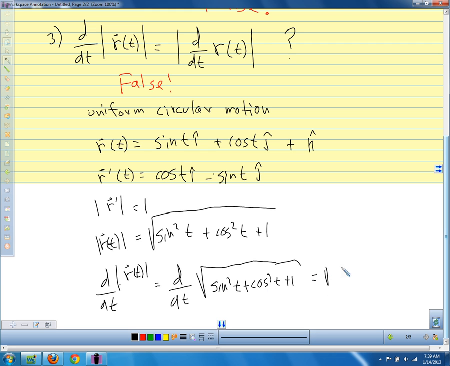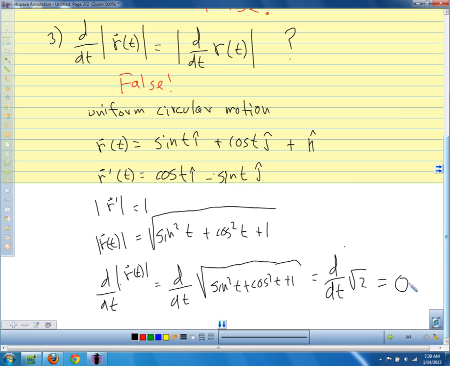So we get the square root of 2. And they're not equal. Sorry, I forgot my derivative: d/dt of the square root of 2 equals 0. So these two are not equal. In uniform circular motion, the velocity changes, but the speed doesn't change.